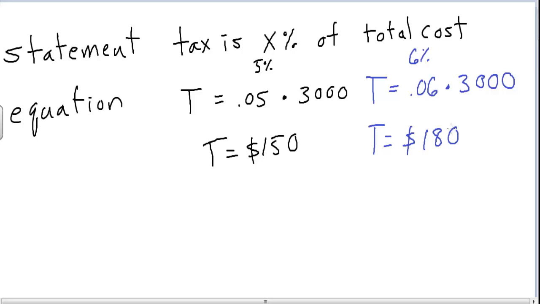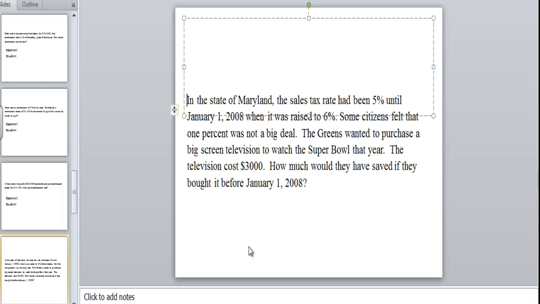What this means is before 2008, the Greens would have paid $150 in sales tax. After 2008, after January 1st, they would instead pay $180 in sales tax. So clearly, 6% gives you a greater sales tax. The question is, how much would they have saved?